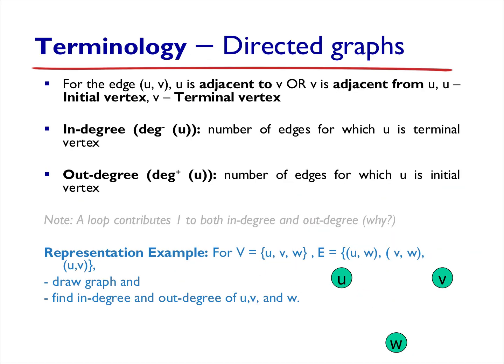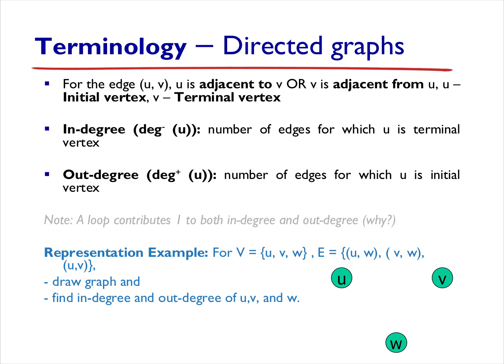Okay, your question is coming here. So for a directed graph, the directed edge in this case, UV, is coming from U going to V. Based on this, you can say U is adjacent to V, or you can say V is adjacent from U, because this is directed.